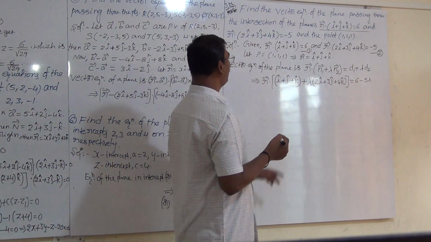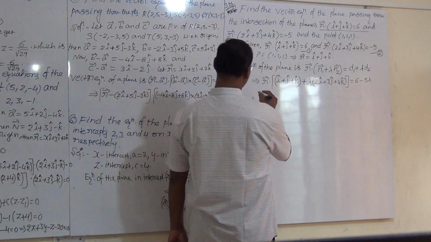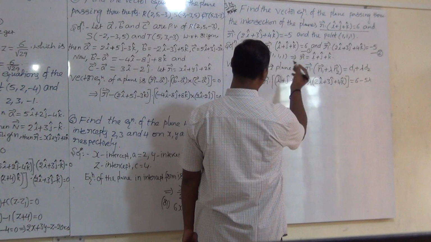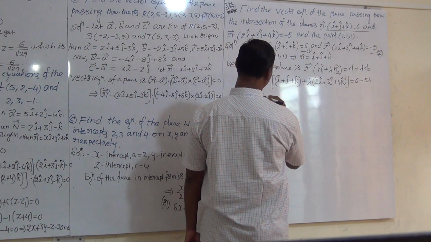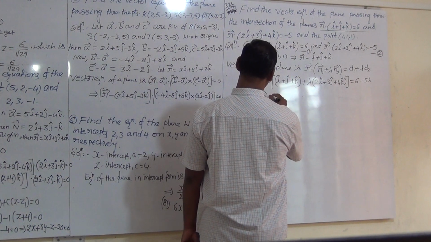Now simplify. This can be written as r bar, where r bar is directly substituted here.